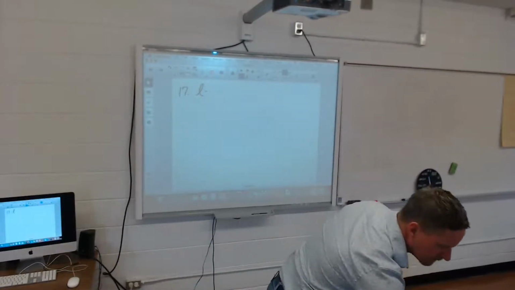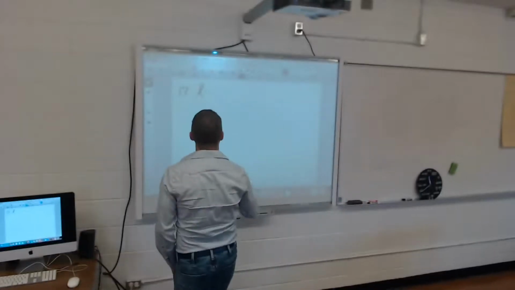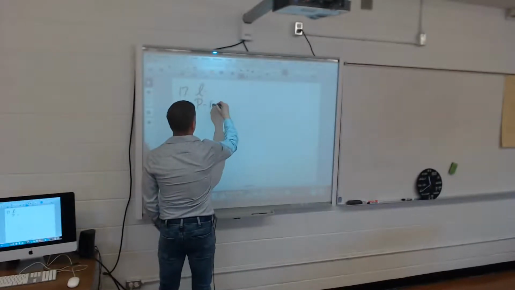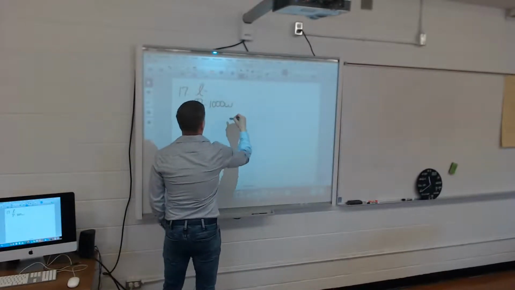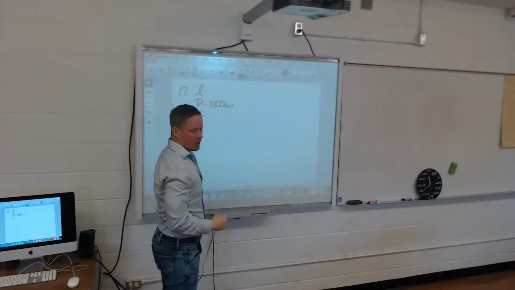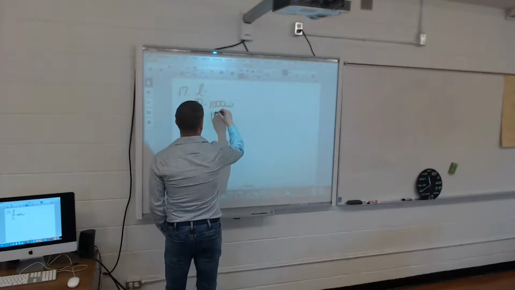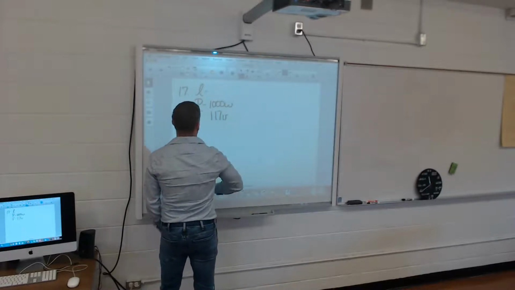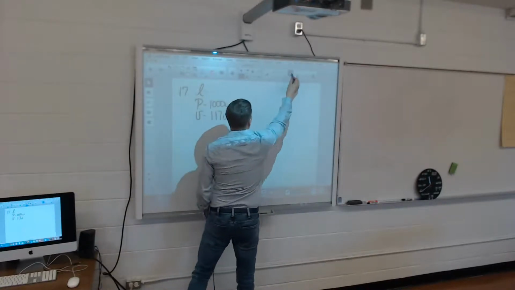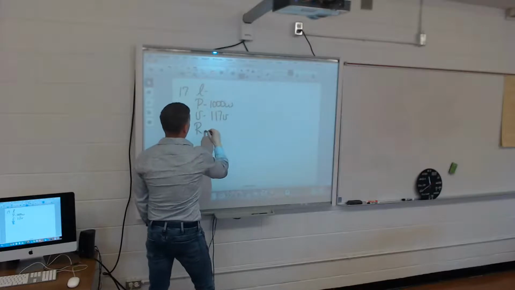So we need the length. I've got to form the heating element of 1,000 watts, so my power is 1,000 watts. The voltage is a 117 volt line. So what I need is to work with resistance.